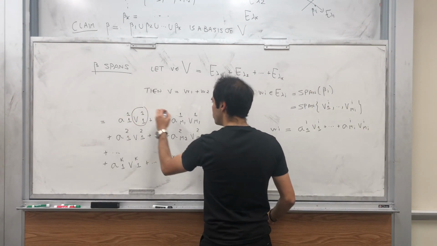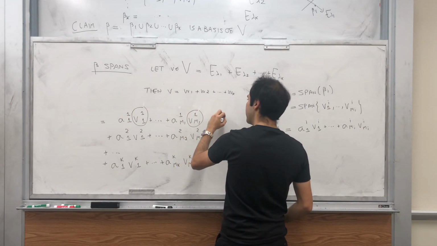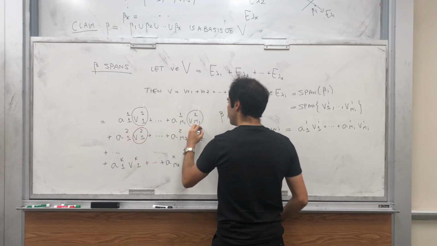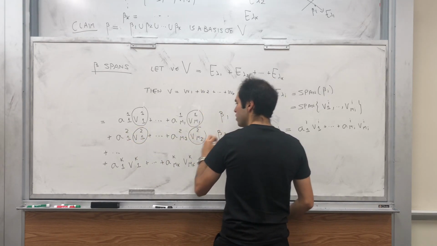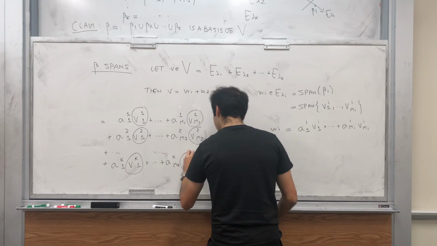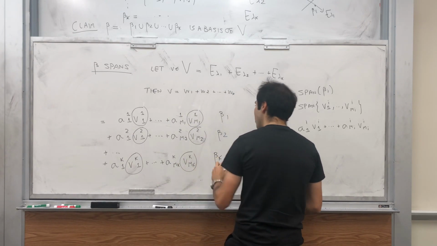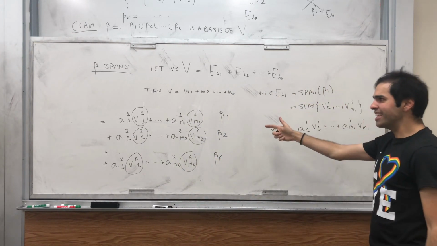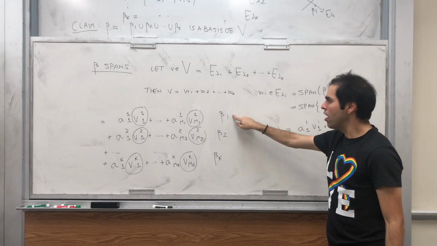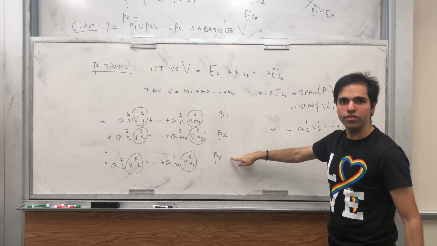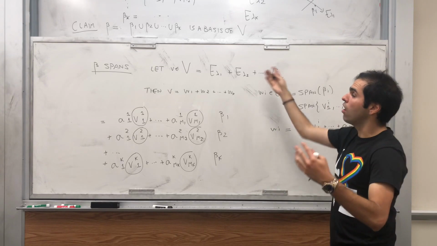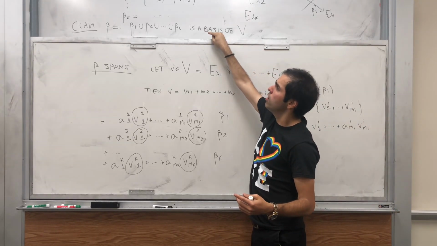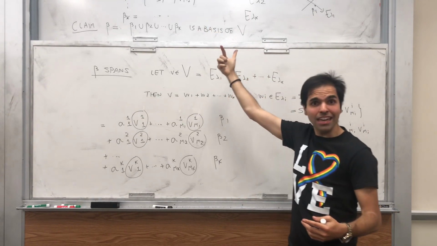Because notice, those vectors, they're all in beta 1. Those vectors, they're all in beta 2. Those vectors, they're in beta k. So what do we get? We actually get a linear combo of all those vectors. And what did we call all those vectors? Well, precisely beta.